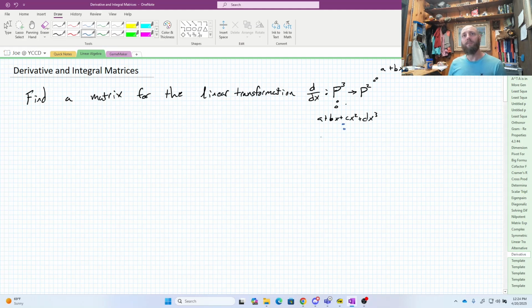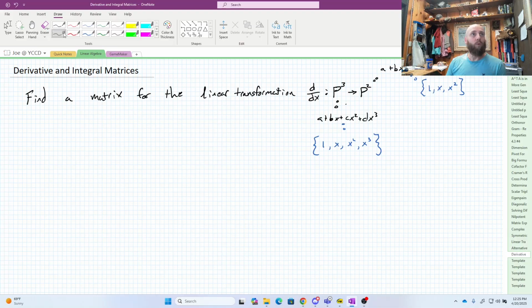A basis for P3 is given by the vectors 1, x, x squared, and x cubed. And here's a basis for P2, which is 1, x, and x squared. There's nothing particularly special about these, but they're going to make my life a little easier.